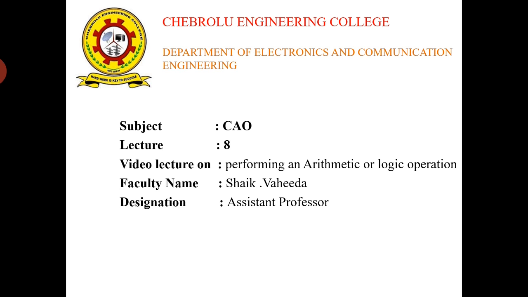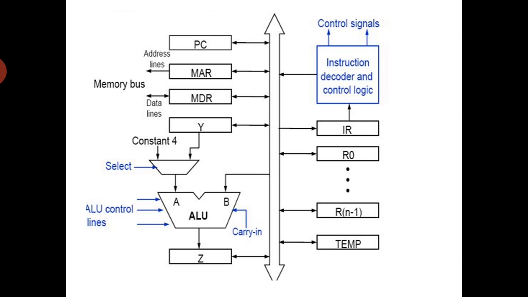See, performing an arithmetic and logical operation. Here the ALU is a combinational circuit that has no internal storage. It is designed internally as a combinational circuit, so it has no internal storage, which means it has no memory.